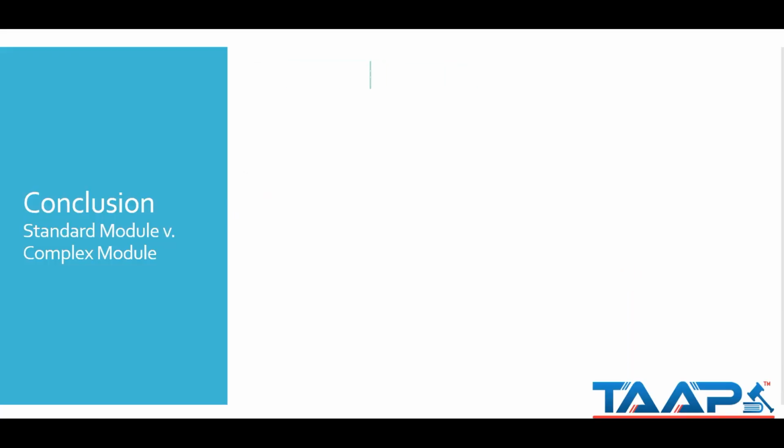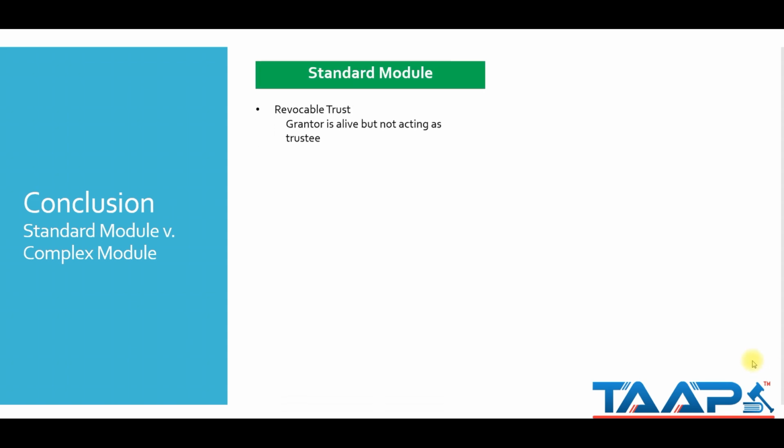In conclusion, when we look at the standard module, we look at the revocable trust where the grantor is alive but not acting as trustee, because that grantor may be able to revoke the trust or amend it. If that grantor is incompetent, then you would look to see whether there was an attorney in fact that had a right to amend or revoke the trust.